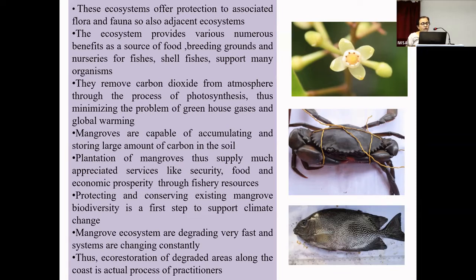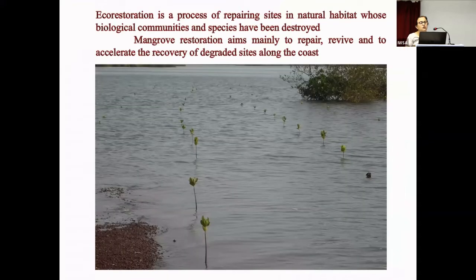Nowadays, these ecosystems are degrading very fast along the metropolitan city. Therefore, eco-restoration of degraded areas along the coast of Mumbai, Thane, Raigad is a very important aspect to be tackled.